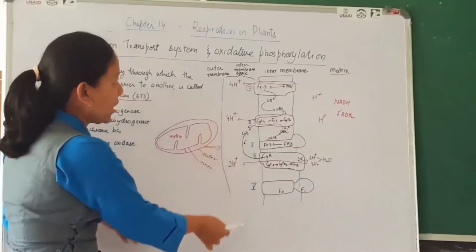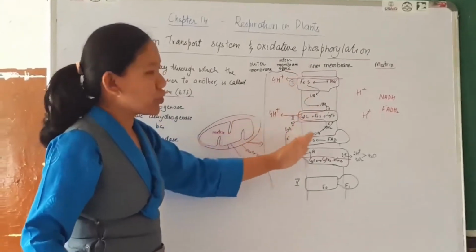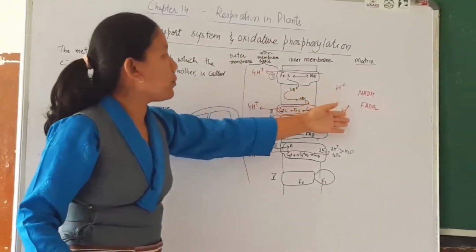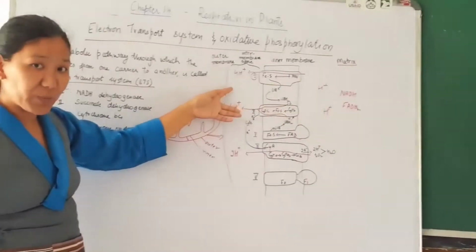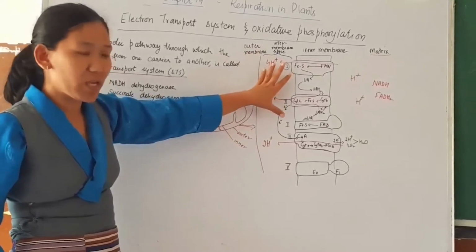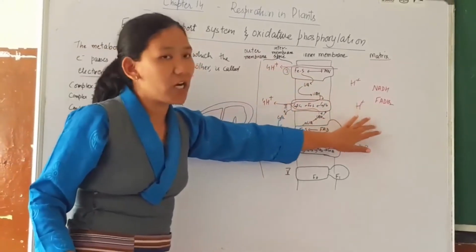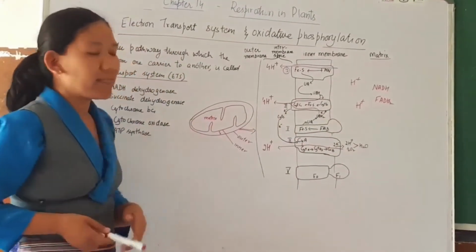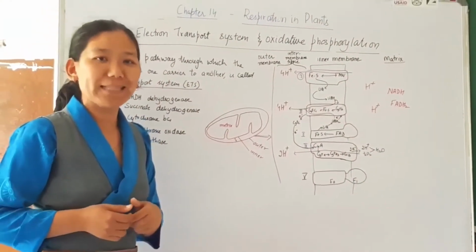When the electron flows through this, we create energy, and that energy is utilized to pump protons into the intermembrane space, thereby increasing the proton gradient there, with fewer protons in the matrix. They tend to move to the low concentration area, and that is possible through ATP synthase.